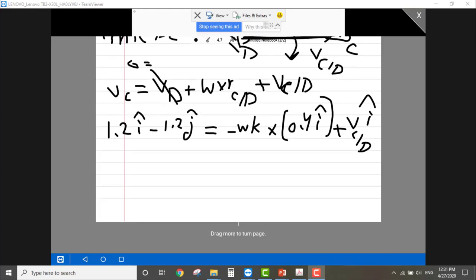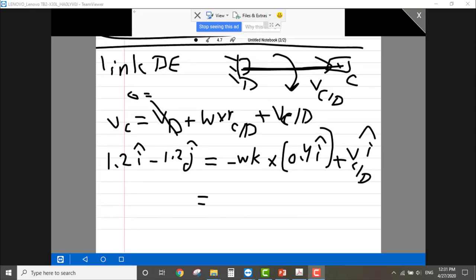Now let's do the cross product. K cross product I is J, so we have minus 0.4 omega J direction plus VC with respect to D in the I direction. So now we have two equations with two unknowns.